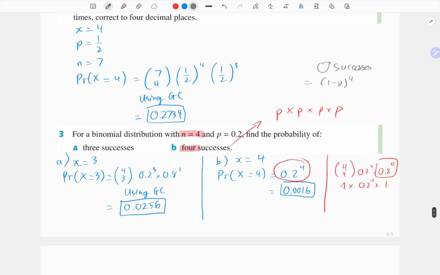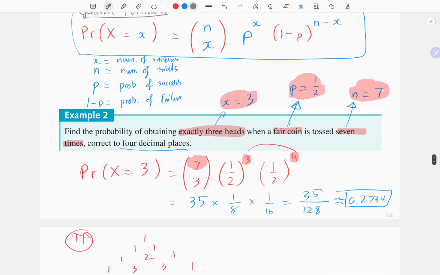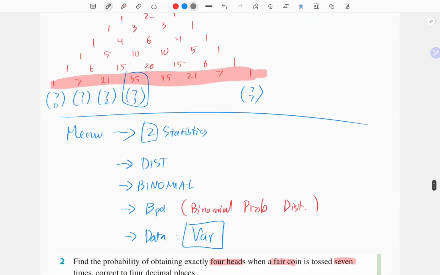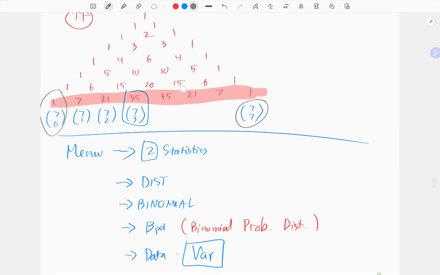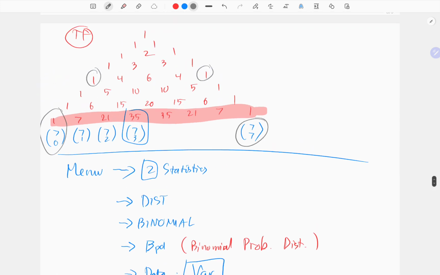And that's why, in the special case, in Pascal's triangle, you see how it always starts with 1? Yeah? 7 choose 7 is 1. There's only one way. 7 choose 0 is also only one way. And the first one would be 4 choose 0, 4 choose 4. Right? So this one would be 4 choose 4, and this would be 4 choose 0. So that's why it always starts with 1. There's only one way to choose nothing out of the scenario or choose everything in that scenario.